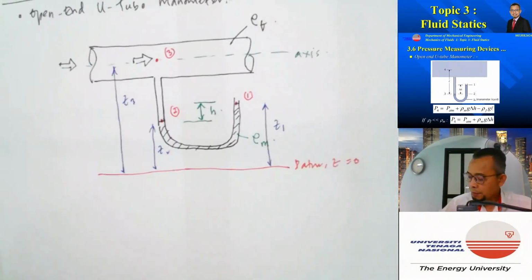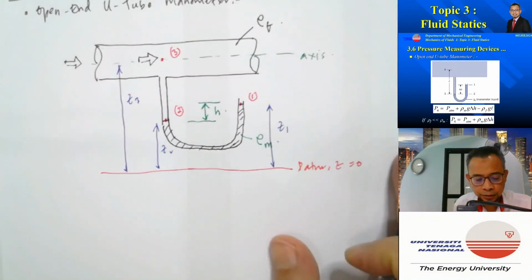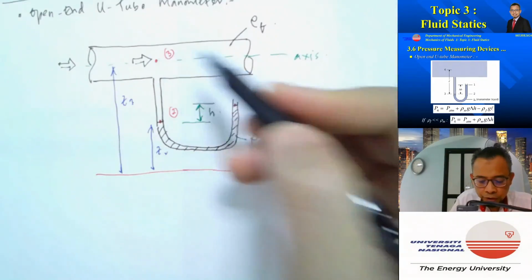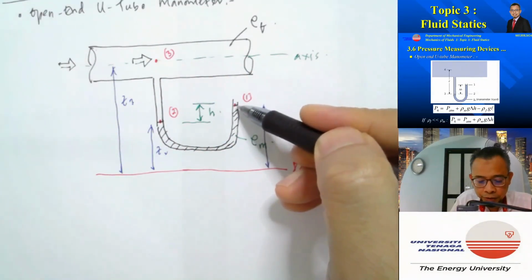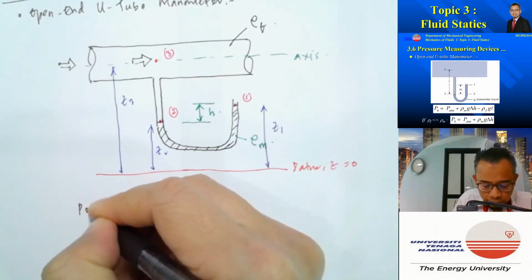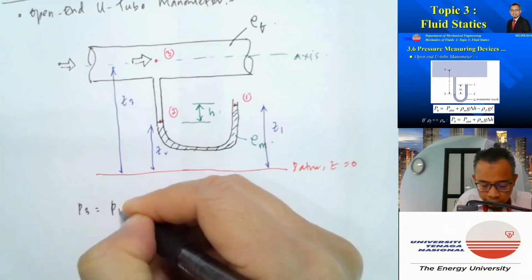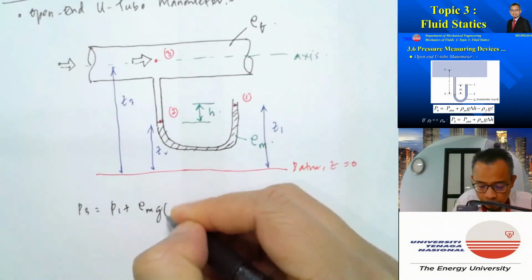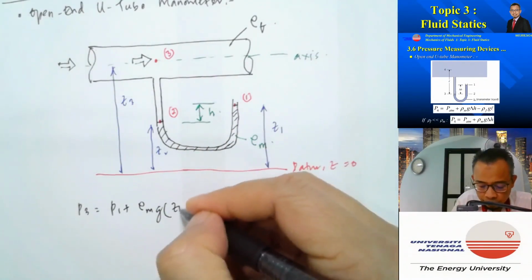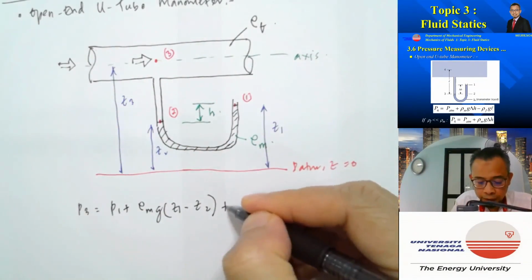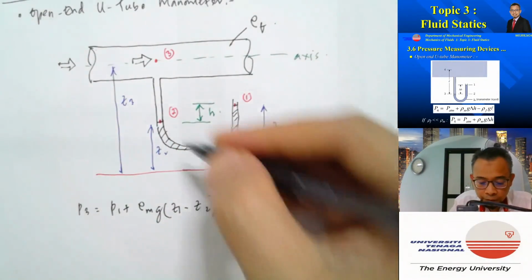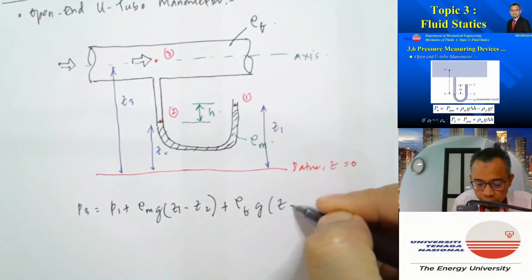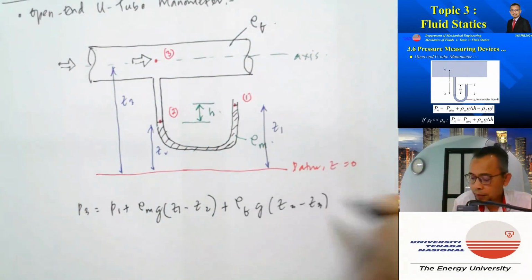But perhaps for this one, I can use the shortcut way. So I can write straight away the pressure here by starting from the pressure here. So I can write P3 is equal to P1. From here to here is rho M g (Z1 minus Z2), plus from here to here is rho F g (Z2 minus Z3).